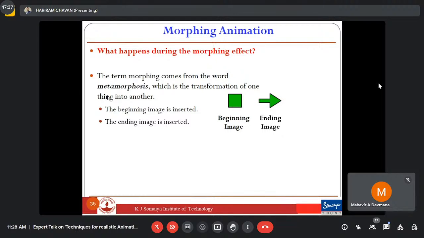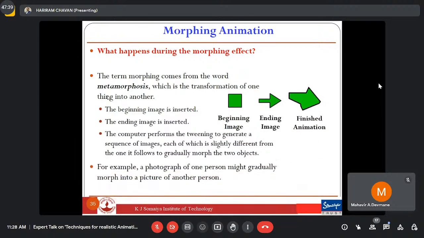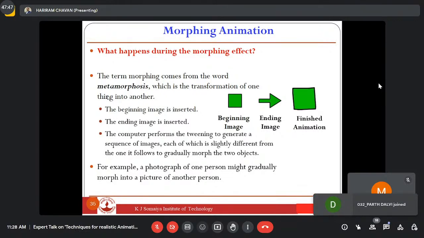That impact can be given with the help of morphing. And I think this example gives you the realistic effect, how you are changing the frames per second to make it an arrow from the given basic shape.